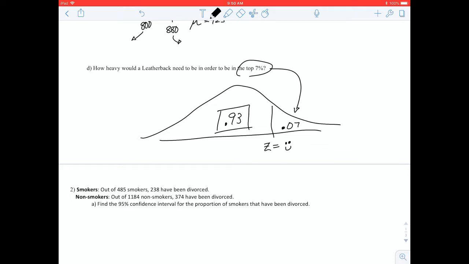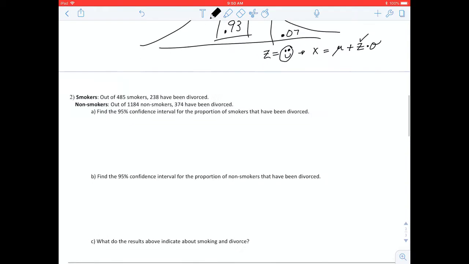And then you find that little z-score and you put that here. After that, you would do the formula that says x is equal to the mean plus z times the standard deviation. And then this little happy face would be what you put right here for z.